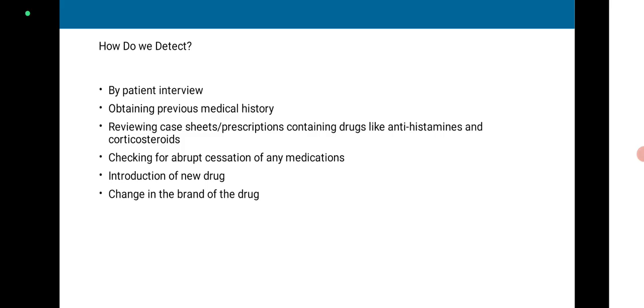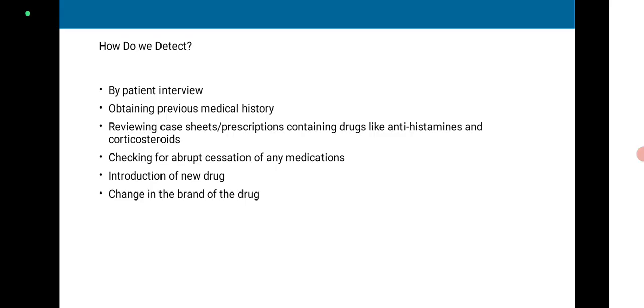Then what are the factors that are helpful in detecting an ADR? We can detect an ADR by direct patient interview, obtaining the patient's previous medical history, reviewing the case sheets or prescriptions containing drugs which include antihistamines or corticosteroids, checking for abrupt cessation of any medications, introduction of a new drug, changes in the brand name of the drug, when there is a change in lab values noted in reviewing the case sheet, or patients who develop new symptoms other than the symptoms the patient presented with during admission.